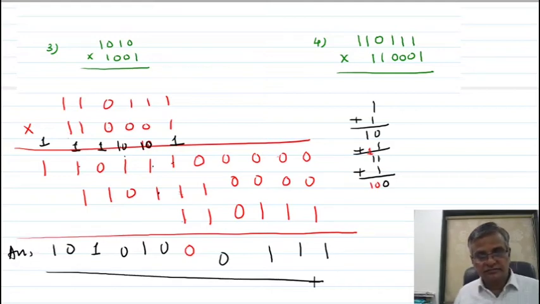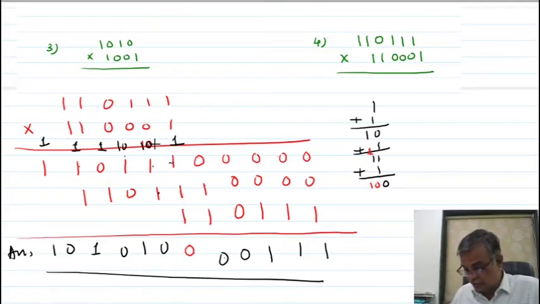Look again. 0, 0, 1, 1, 1. Yes, 0 is left. 1 plus 1 is 0, carries 1. 1 plus 1 is what? 10. 10 plus 1 is 11. 11 plus 1 is 100. 0 and carry 10. From this 100, you write 0 here. Okay.